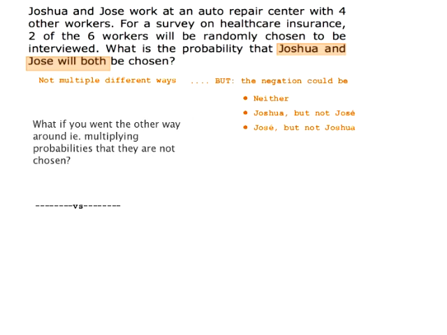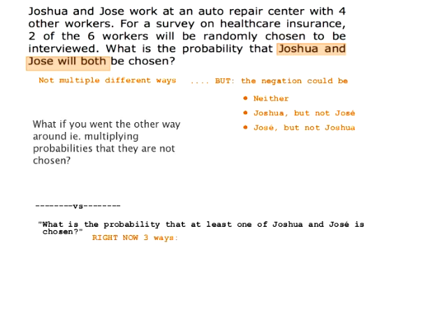Here, if you have something like, what is the probability that at least one of them is chosen? I mean, now there's a benefit in doing that, right? Because right now this is something that has three different ways to do it, right?